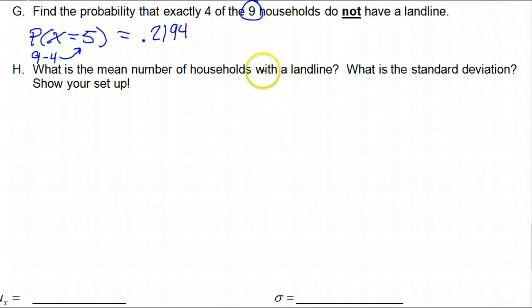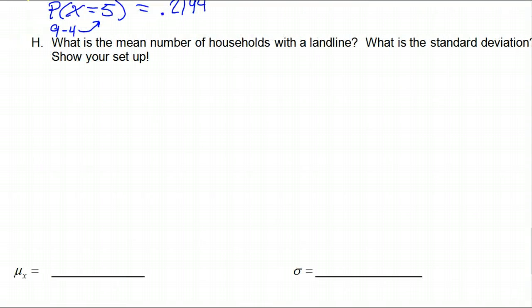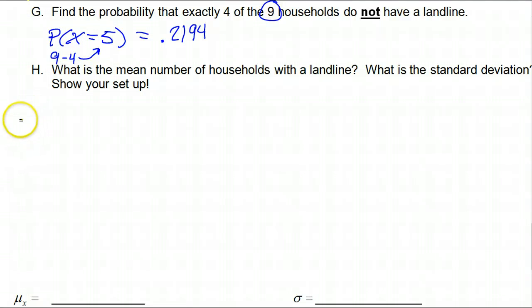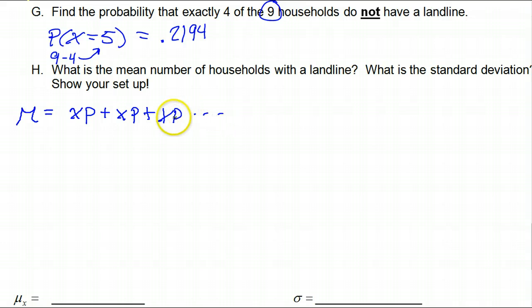Now, last but not least, we need the mean and the standard deviation. To find the mean, it is the sum of each x value times its probability. So it's xp plus xp plus xp, and so on until the end. The formula is written as the sum of all the xp's, where this symbol means the sum.